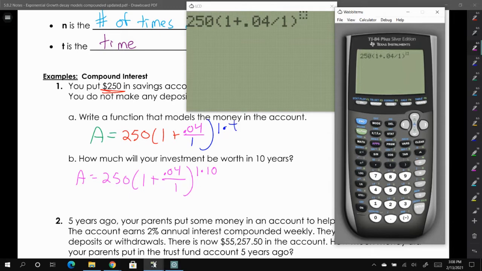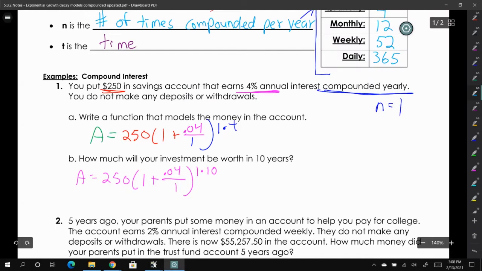And then in your exponent, I like to put parentheses 1 times 10. If you set it up like this, then no matter what your n value will be, you're going to get the correct answer. So I hit enter and I get $370.06. So this equals $370.06.